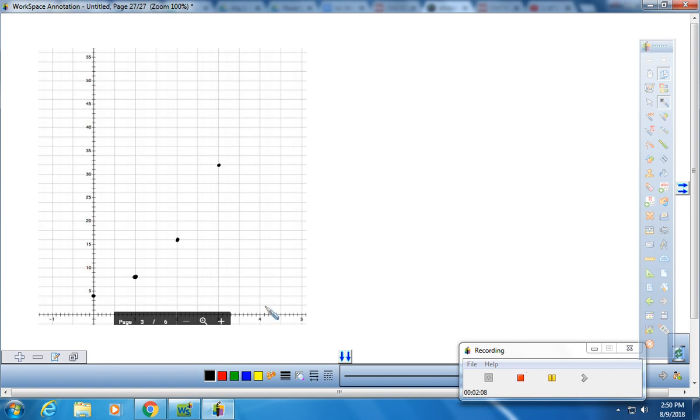Finally, 4 is 64, which is going to be off of our sheet somewhere up here because I couldn't copy it all.